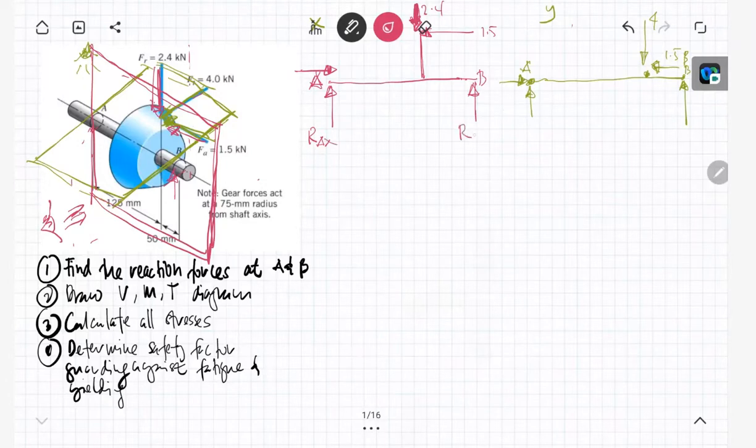This RAX. This is RAX. Oh, Y. This is RBY. Quite confusing, eh? Quite confusing using X and Y. But the direction, so normally X, Y is the axis, but quite confusing when we use the X and Y.